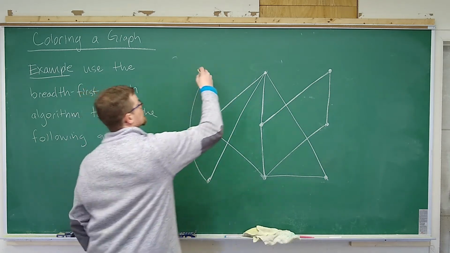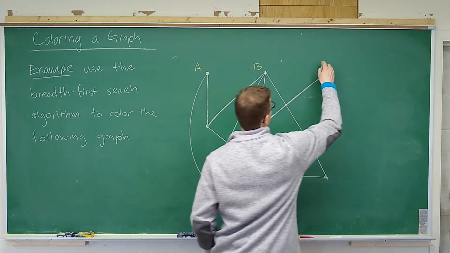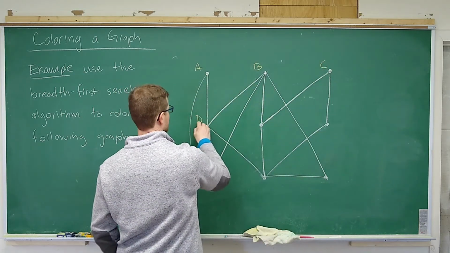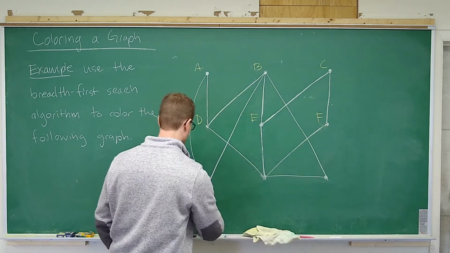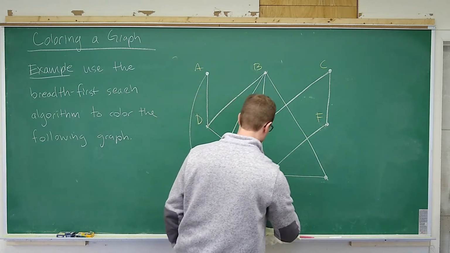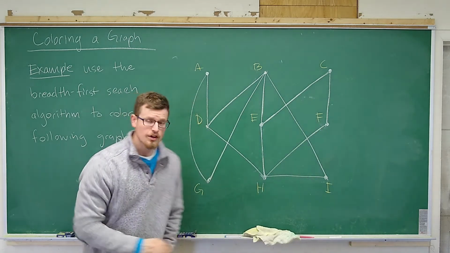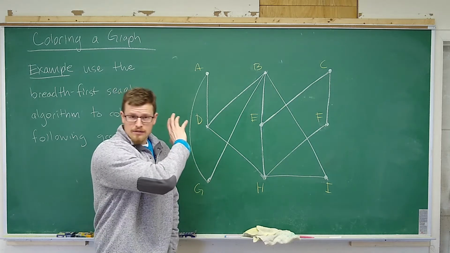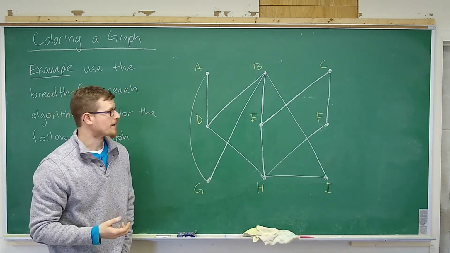To help us out, we should label each of the vertices: A, B, C, D, E, F, G, H, and I. So we have given a basic label for each of the vertices, a way to reference them.